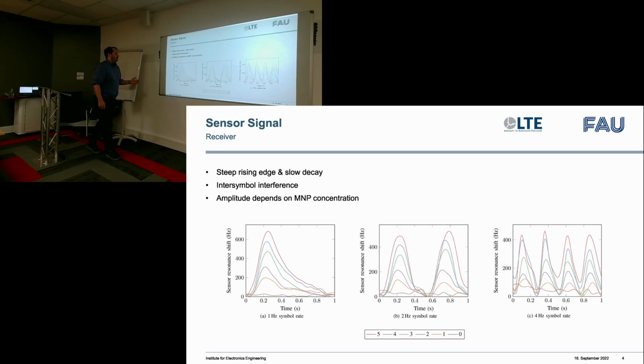We have this typical MolCom problem of a steep rising edge and then a slow signal decay, causing intersymbol interference if we want to push symbols together, which you can see here already. So we have a slow increase of the baseline. And what we can also see, in this case with 6 different concentration levels, is that our amplitude value depends on how much volume we put in. That sounds great for detection.